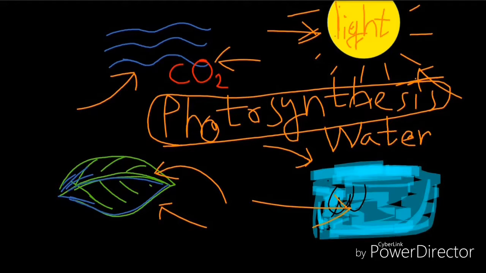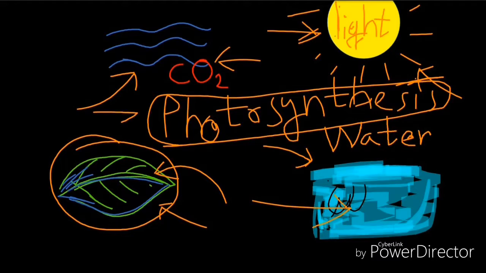One of them is the chloroplast, and chlorophyll is the main part of chloroplasts, and chlorophyll helps photosynthesis to happen. The main photosynthesis reaction actually happens in the chlorophyll cells.